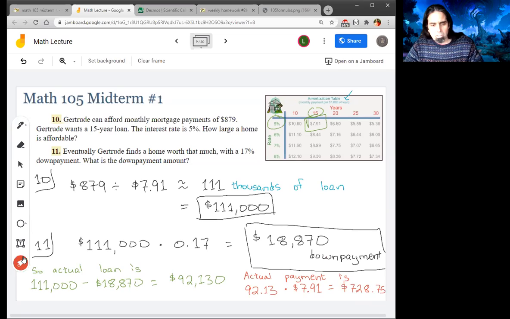Okay, it didn't ask for what the actual loan was, but we're going to need that. So I did the subtraction in green at the bottom, the actual home size. And then maybe I even want to label that home size just to be extra clear.